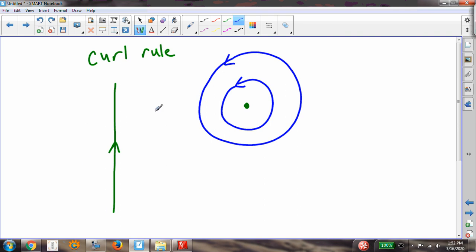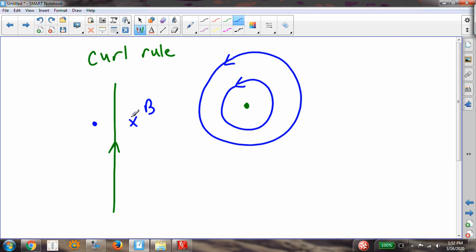Now, let's imagine this wire here. For this wire, the magnetic field is going to be into the page on this side and out of the page on this side. The magnetic field is into the page on the right and out of the page on the left. And so if you imagine this magnetic field is going to be going around the wire in a circular fashion that sort of comes out of the page, into the page, out of the page, into the page. I do this with the right-hand rule.